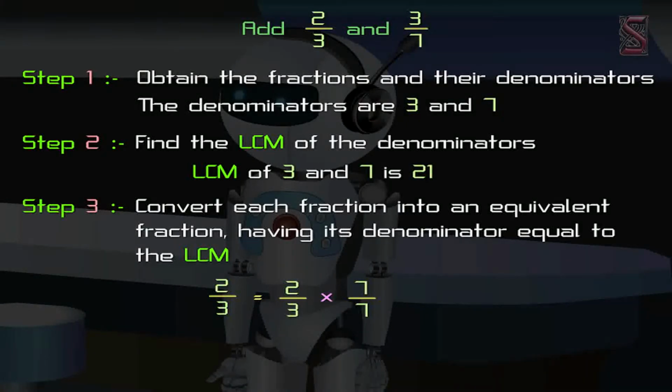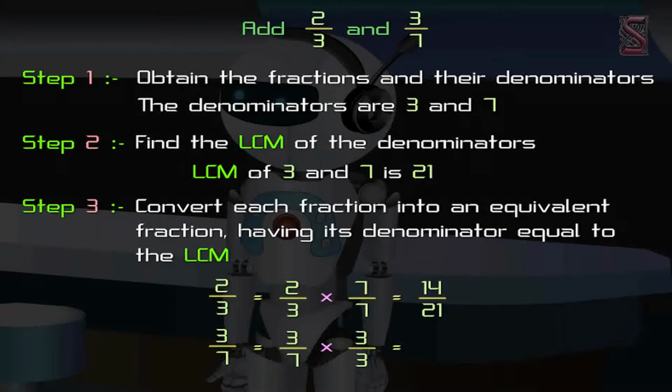Now, the equivalent fraction of 2 by 3 with 21 as its denominator is 14 by 21. Similarly, converting 3 by 7 to its equivalent fraction having 21 as its denominator, we get 9 by 21.